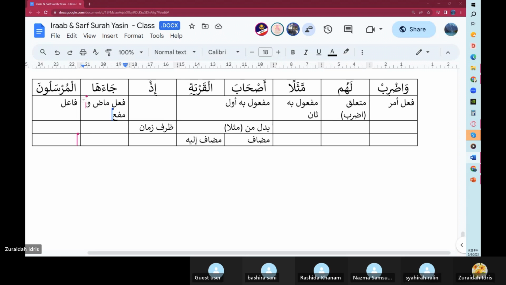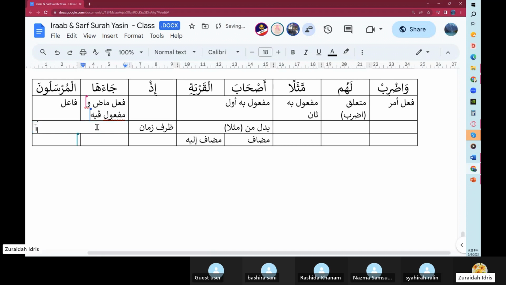Okay. So I think we've got all the components here already. We can actually, this one will be merged. This one will become mudaf ilayh. But when we translate it, of course, it will sound different. Okay.